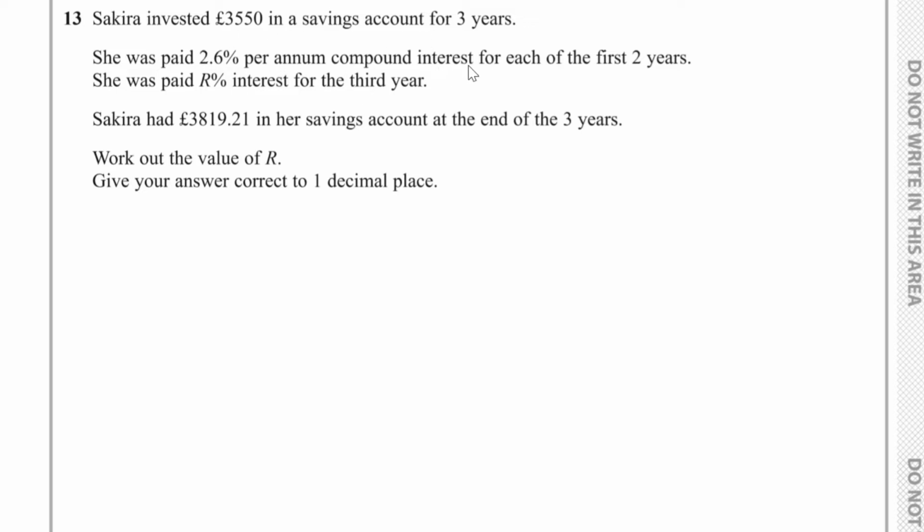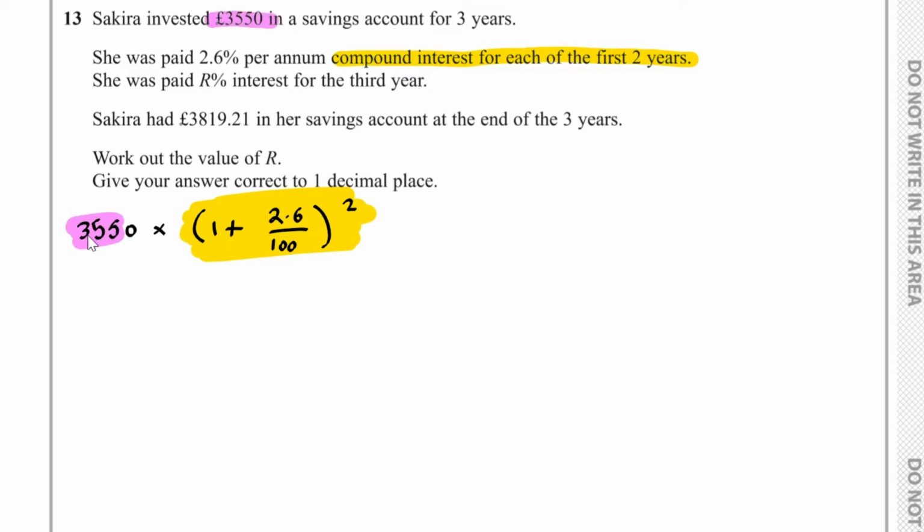Well, here we've got compound interest. So here we've got our original amount, 3,550, and the interest in the first 2 years, as a multiplier, that's 1 plus 2.6 over 100 to the power of 2. So this is the interest in the first 2 years over here. And we've got our original amount here. And we then have r percent interest in the third year.